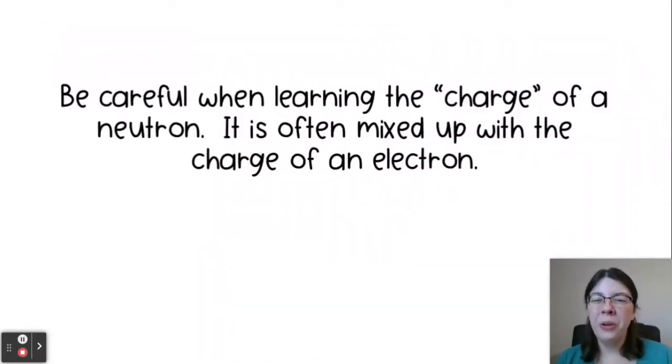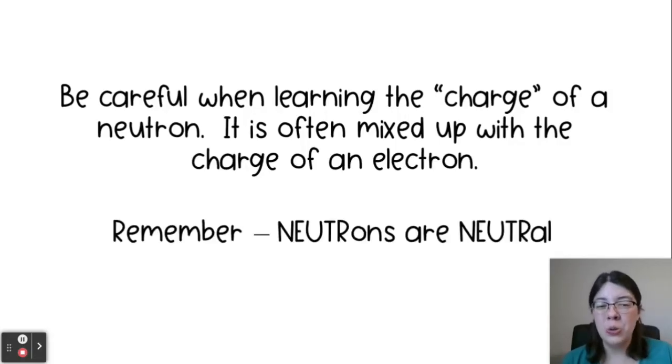Okay, one word of advice is to be really careful when you are studying and make sure that you correctly memorize the charge of the neutron. When we think about protons, we have a nice little alliteration: protons are positive. Sometimes we can make the mistake of thinking neutrons are negative, right? Not quite, because it's the electron that is negative. Instead, we need to remember that neutrons are neutral, okay?